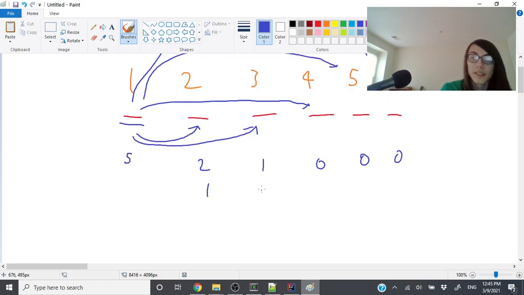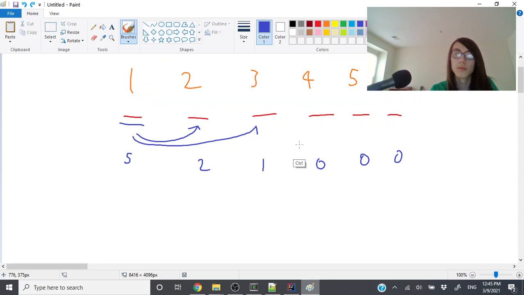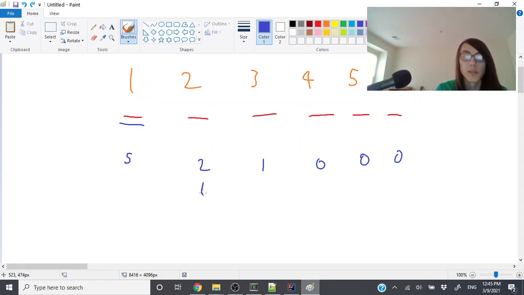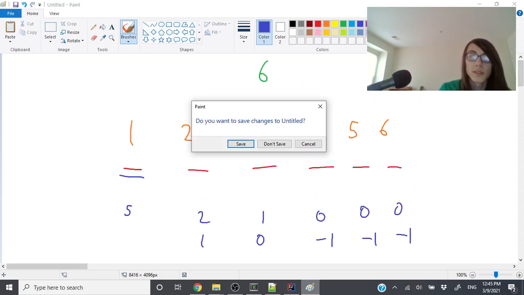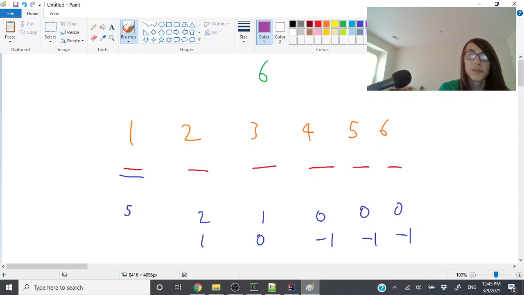So this becomes 1, this becomes 0, this becomes -1, -1, and -1. Right, so that's not what I wanted to do.